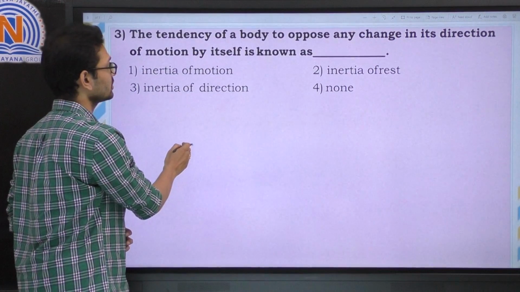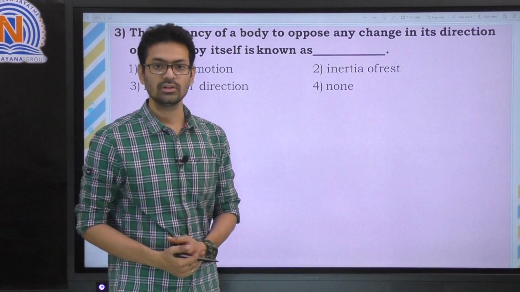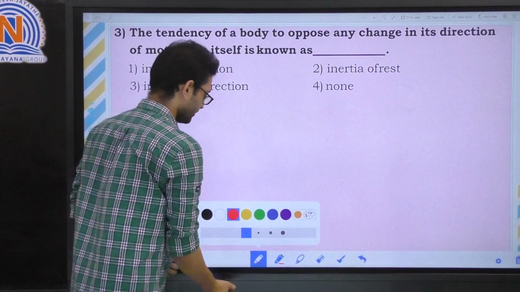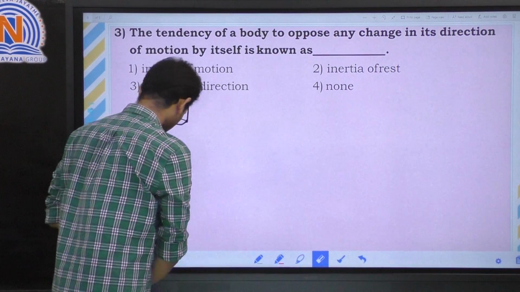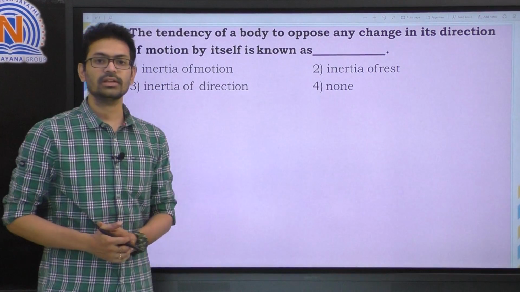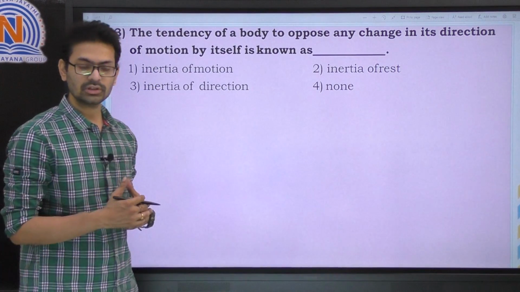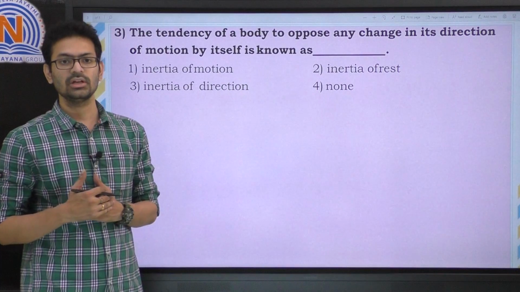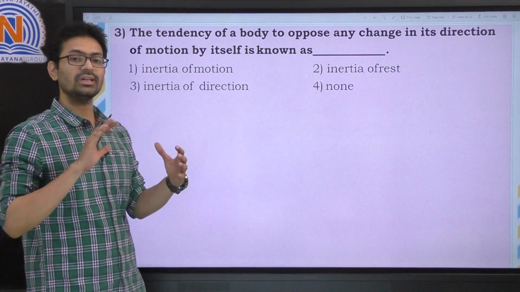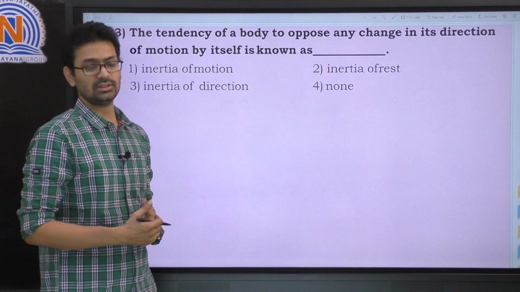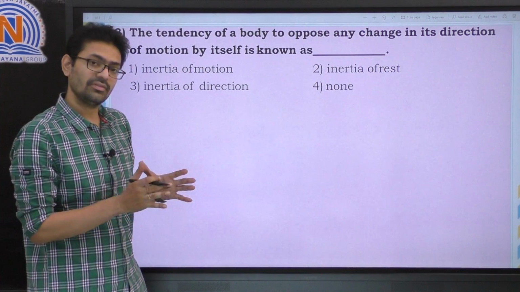Your next question is this one. They have given: the tendency of a body to oppose any change in its direction of motion by itself is known as. The tendency of a body to oppose any change in direction. It is still staying in the direction it is in.